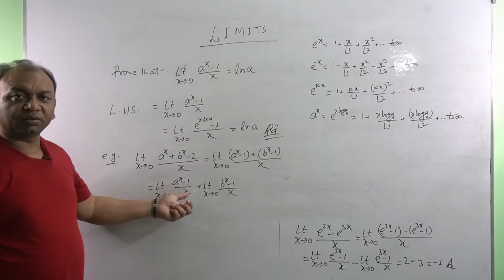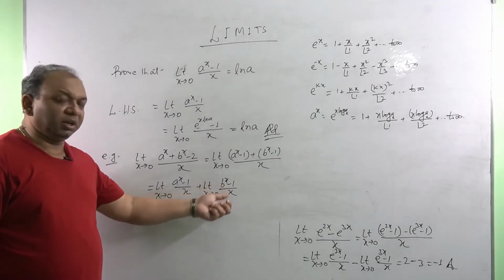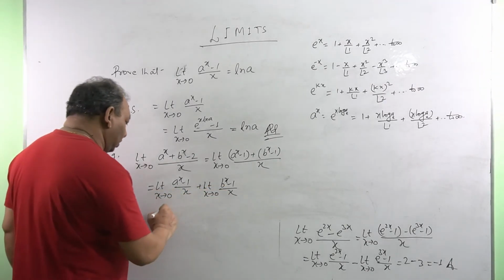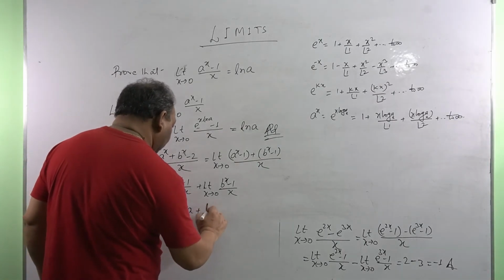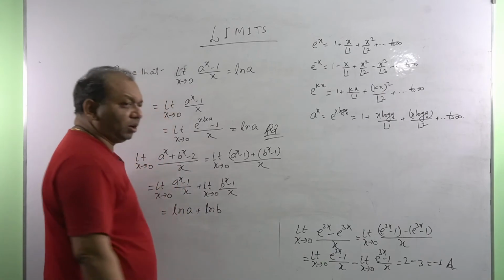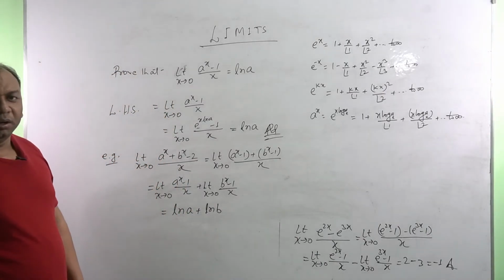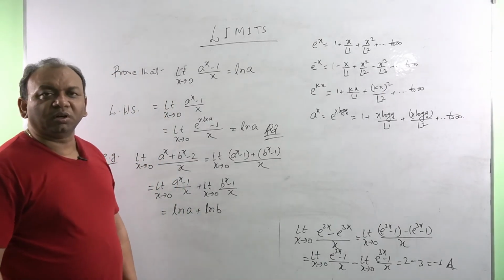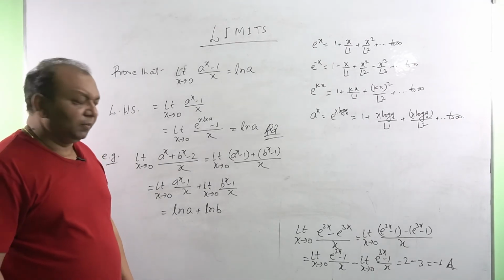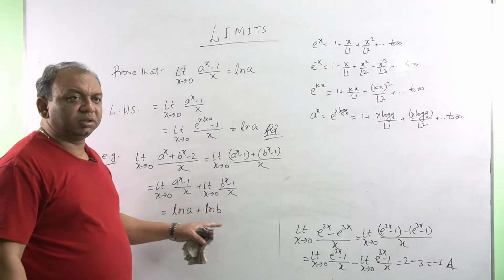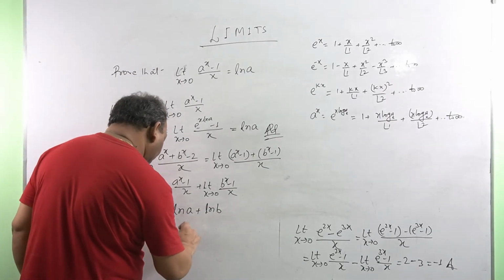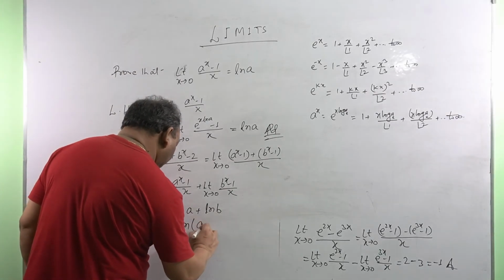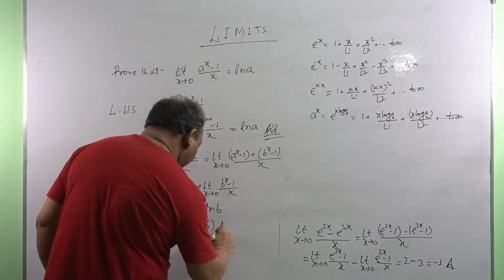(A raised x minus 1) by x gives ln a, (b raised x minus 1) by x gives ln b. So this is ln a plus ln b, and we know that log of m into n is equal to log m plus log n. Ln of m into n is equal to ln m plus ln n. So we can write here ln ab.